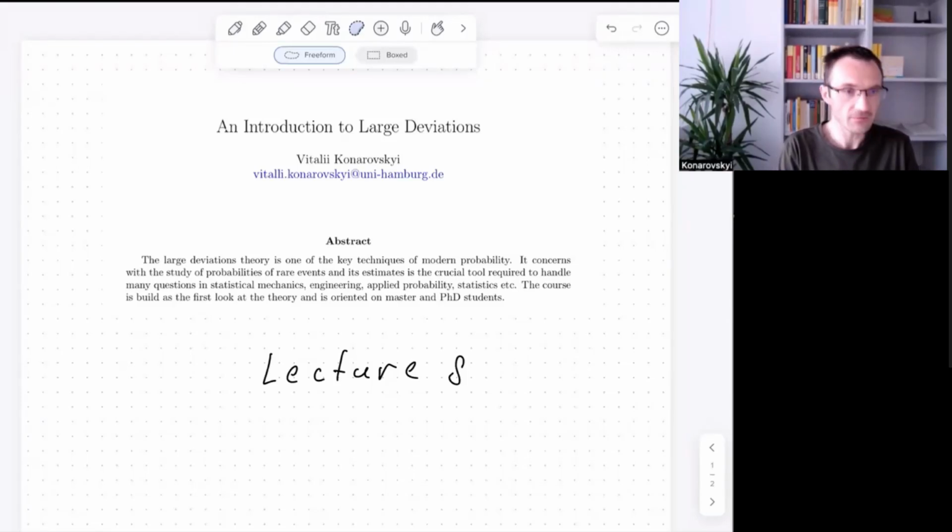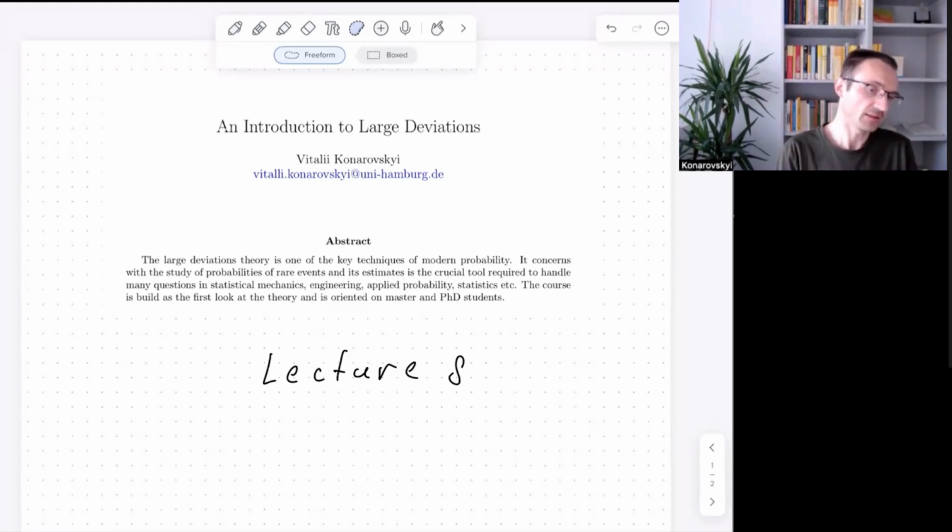And today we will finish the proof of Schilder's theorem, the large deviation principle for Brownian motion, which we formulated last time, and also started proving last time.